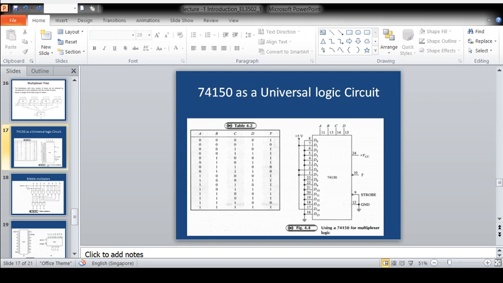If you require that the output should be high when you are selecting D1, D1 should be connected low. That means all the data inputs D0 to D15 should be connected corresponding to the output, but complemented. That means you connect D0 bar, D1 bar, D2 bar, and in that way. Whatever your output requirement is, you connect the complement of that input, and that way this circuit can function.